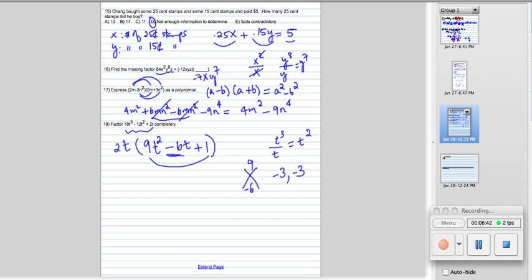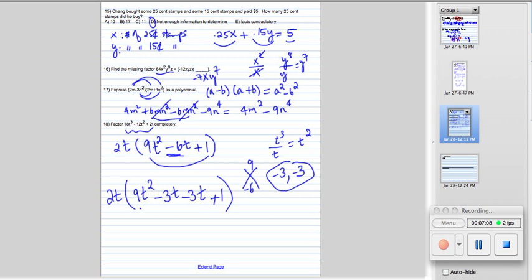So we're going to factor by grouping. We're going to put the 2t there, and now we put 9t squared, and in place of -6t, we're going to put -3t minus 3t. That we got from that analysis, and then plus 1.